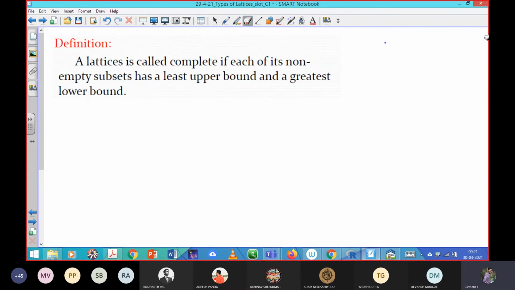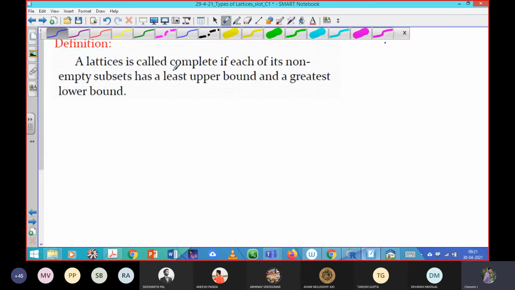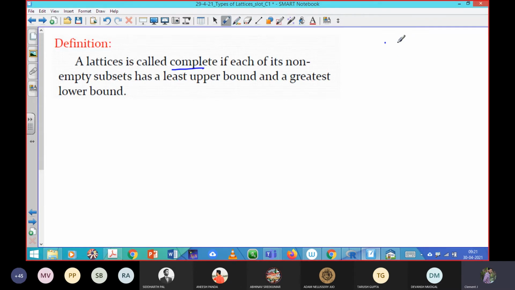Okay, next definition is called complete lattice. It's a very simple definition. You may have one lattice set in which there may be multiple subsets. Here they didn't use the word sublattice, just subsets S1, S2, S3, S4.